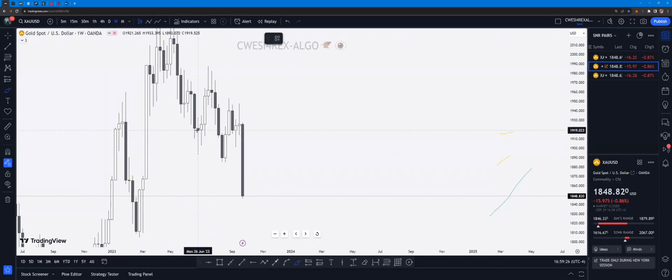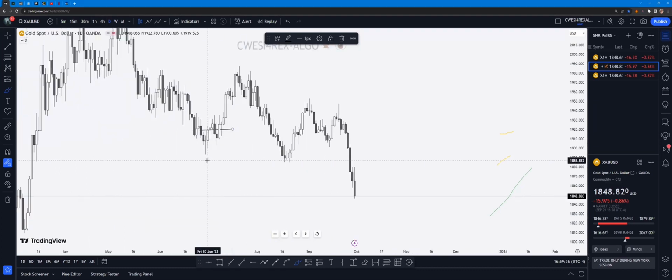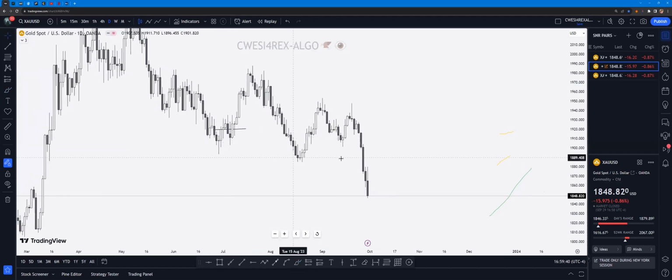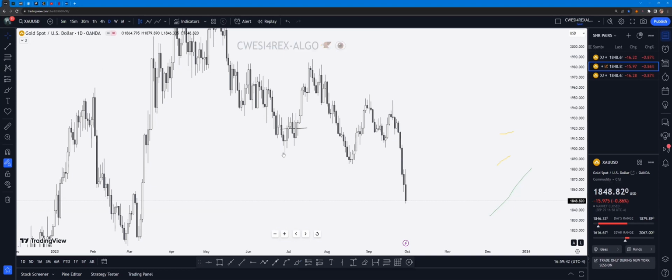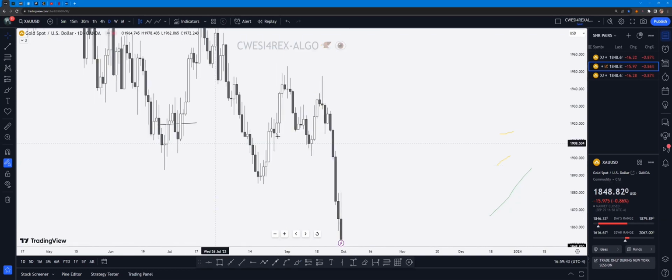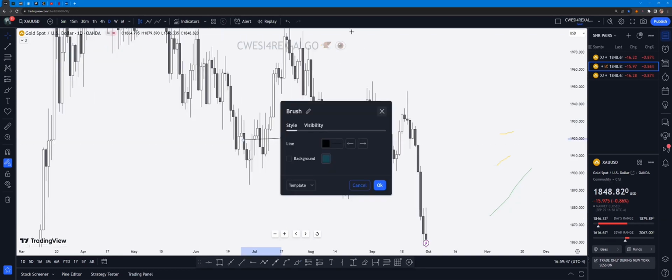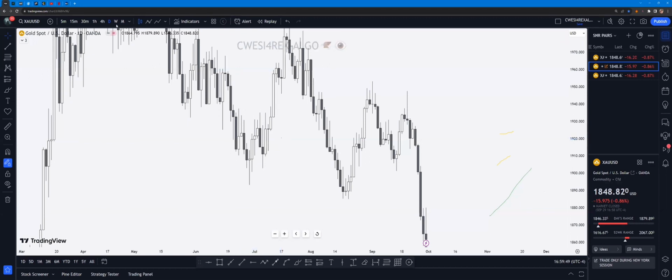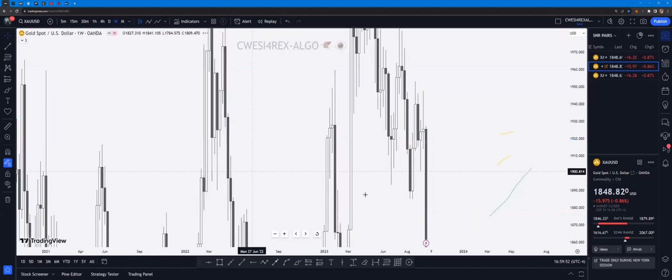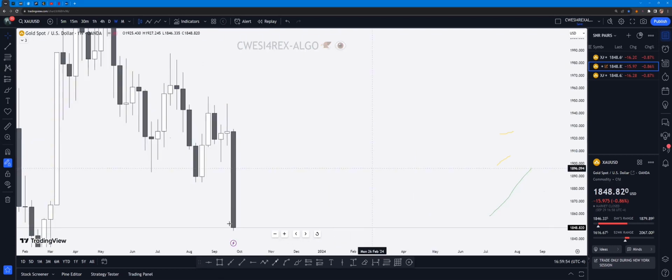So you can see we have this weekly rejecting over here. Then on daily, we had a breakout. Let me mark it. So we have weekly rejecting this level over here, right?